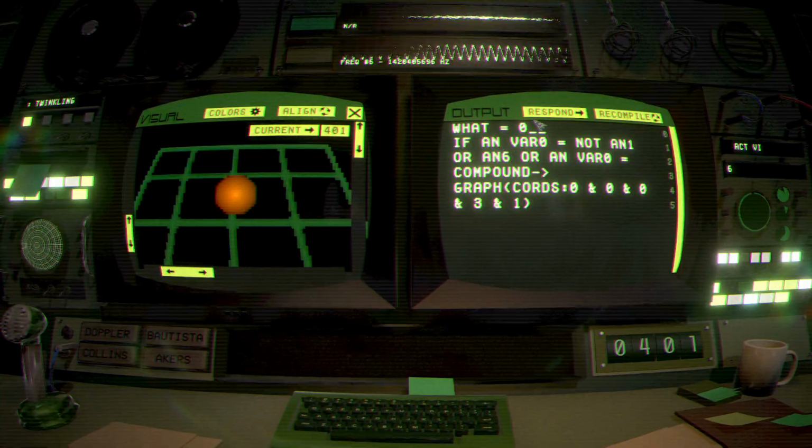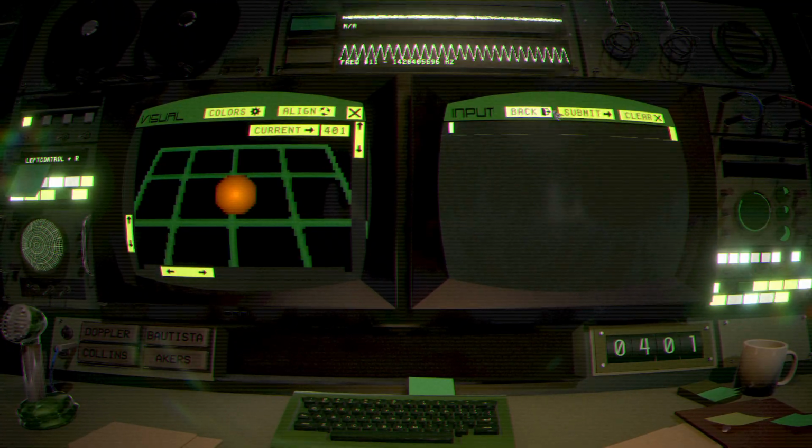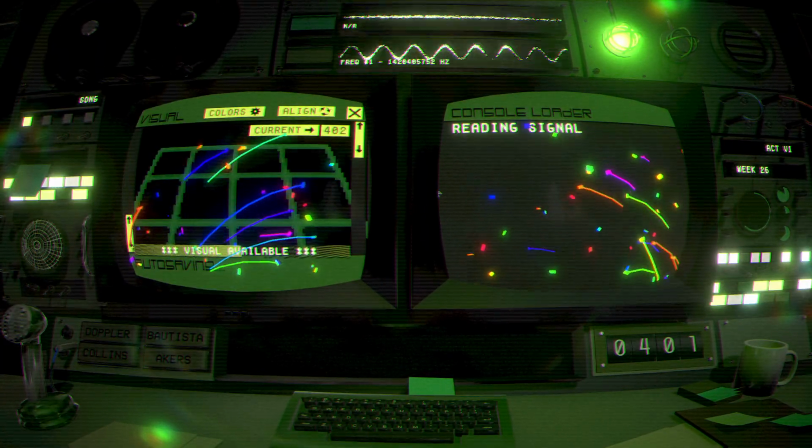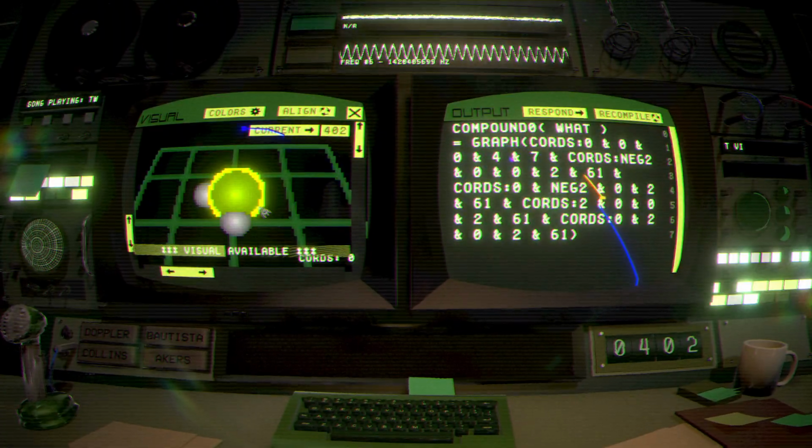It's orange. Okay, sure. So I assume now they're going to give us like a big graph of stuff.